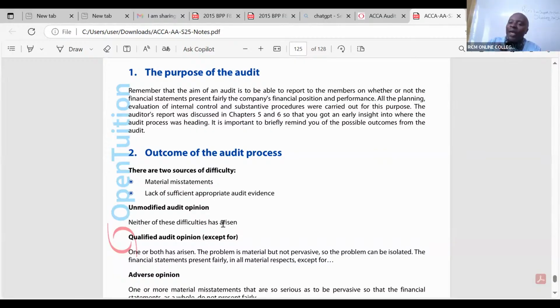So under unqualified opinion, tunasema hakuna dosari. Kumbuka qualification ndio dosari. We are saying, ladies and gentlemen, that everything we as auditors gathered evidence on is really okay.